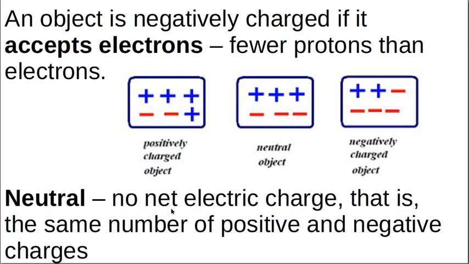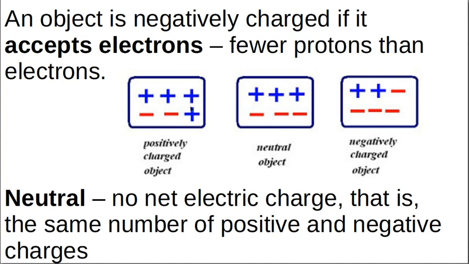And if you are neutral, we use this word net. I don't know if you're used to this word from EMS, but this word net, no net, it means that basically you are equal. There's not one thing that's more than the other thing. So we use this word net a lot in physics. There is no net electrical charge. That is, there are the same number of positive and negative charges.